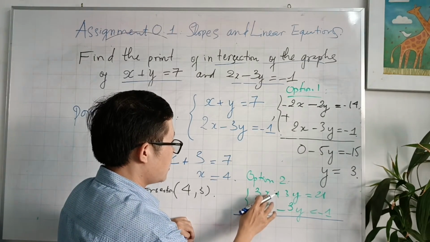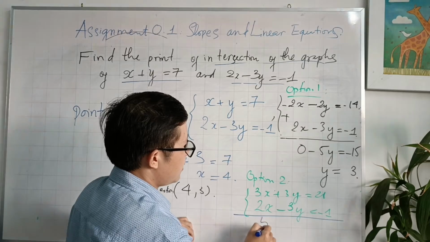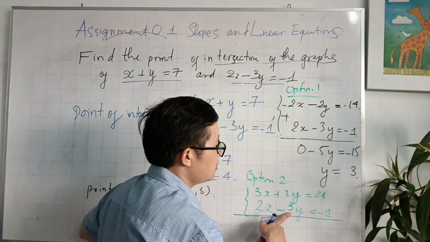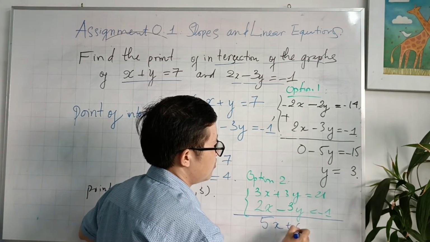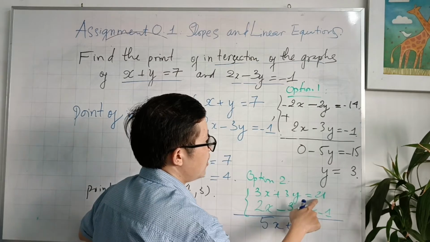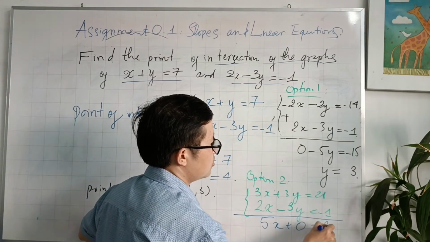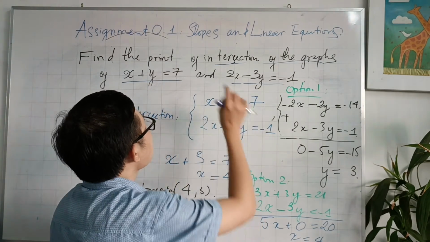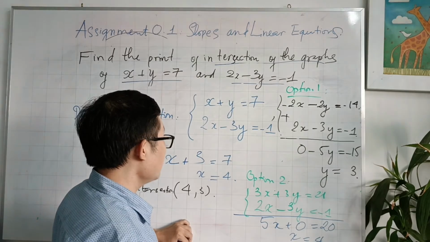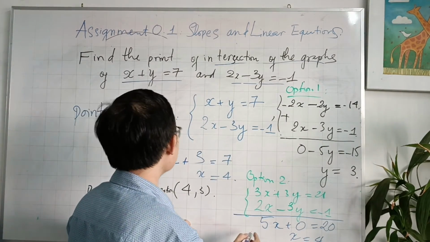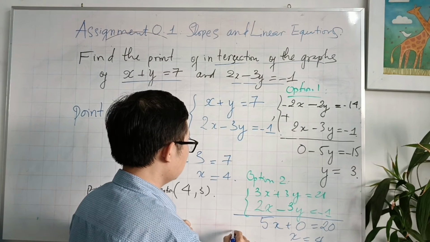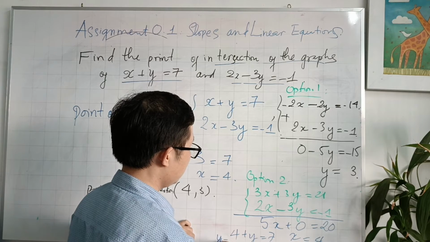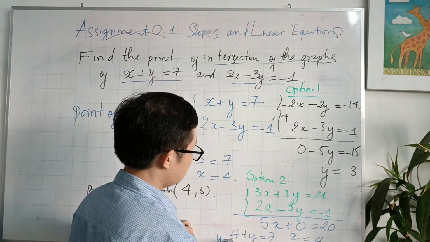2x plus 3x is 5x. 3y minus 3y is 0. It equals 21 plus negative 1, which is 20, and x is 4. And we substitute x into the first equation, so we have 4 plus y equals 7, and also y equals 3.